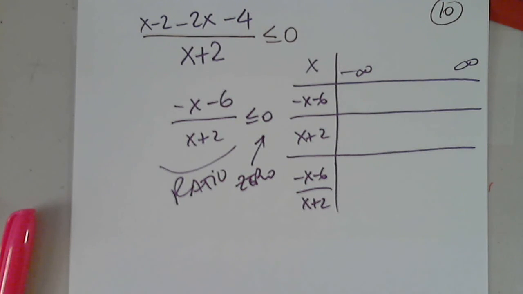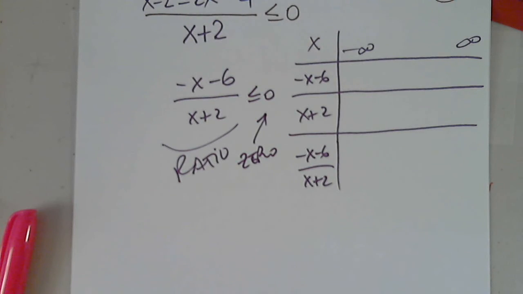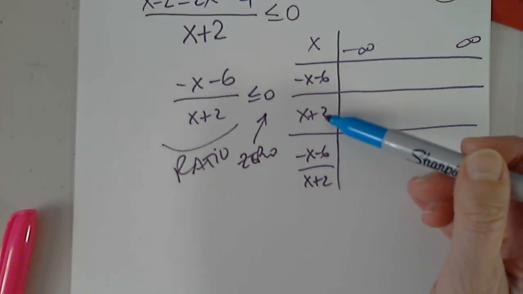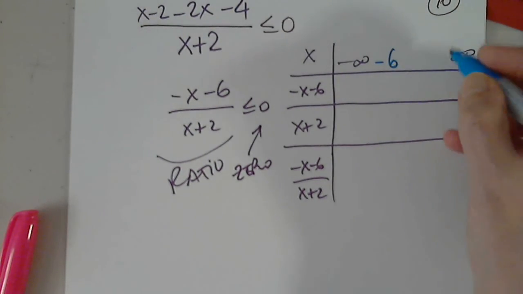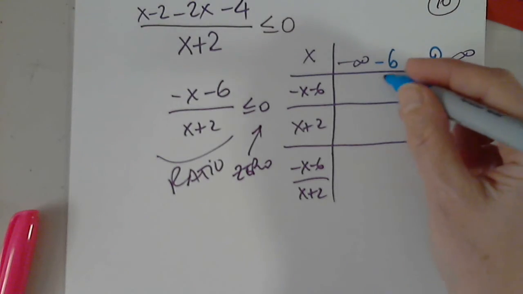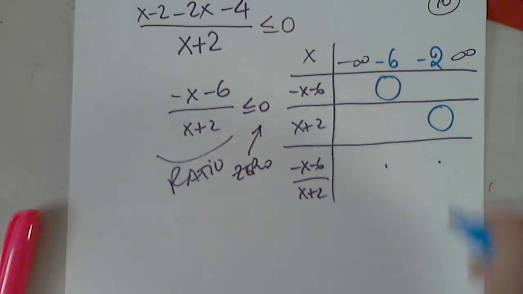Sorry, I just want to give other people a chance to answer. Is anyone else following, please? I'm begging anyone. Would it be -6 and -2? Excellent. Thank you very much. 0 here, 0 here, but we have to identify what happens.